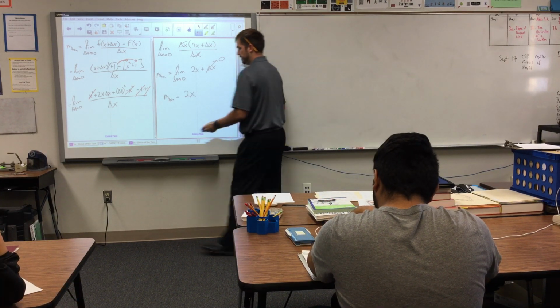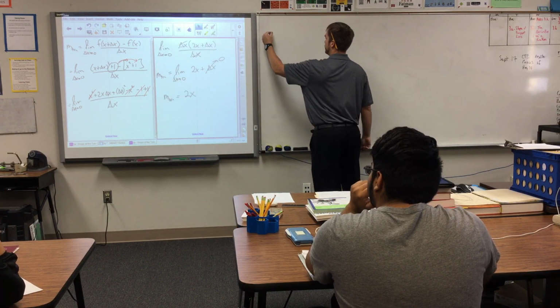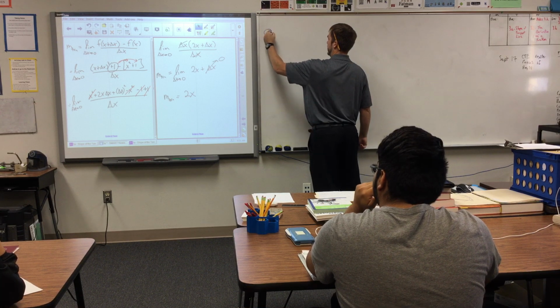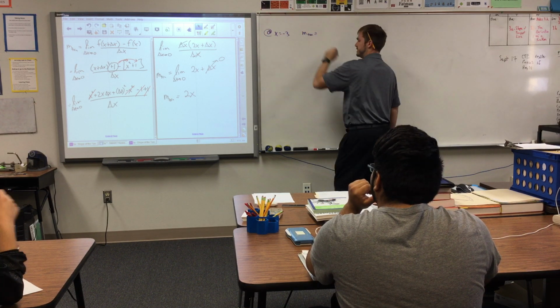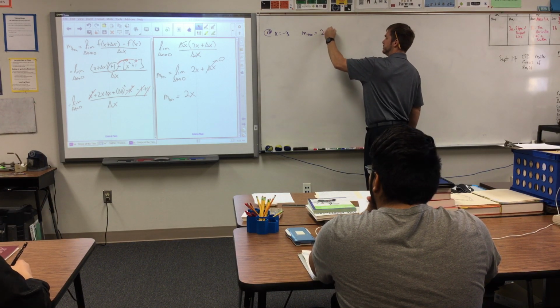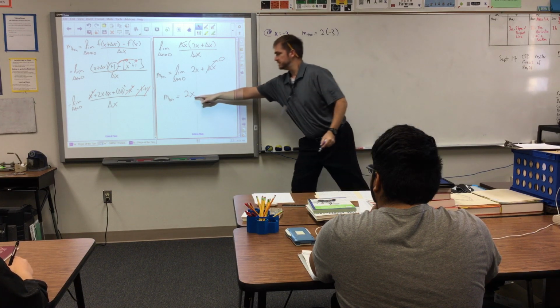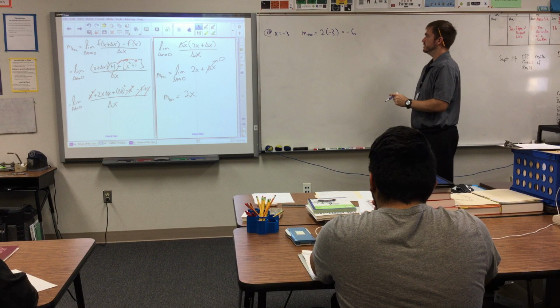Okay. So that would mean at x equals -3, the slope of the tangent line is 2 times -3, -6.